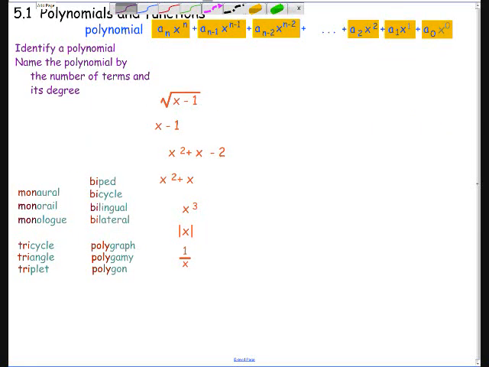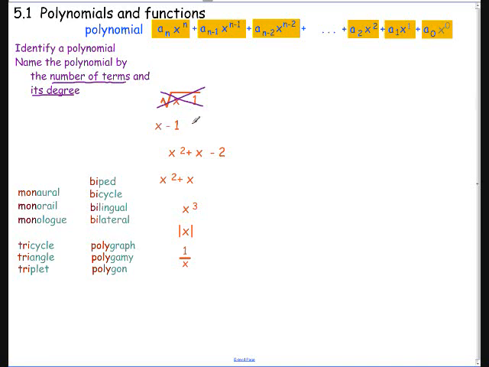Now we're going to identify a polynomial in terms of the number of terms it has and its degree. Well, first of all, we have to determine, is it in fact a polynomial? Is this a polynomial? Does it fit this form? No, that is not a polynomial. How about this one? Does this fit the form?